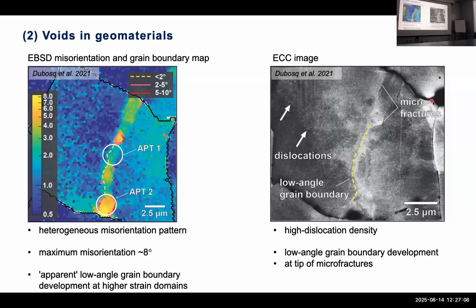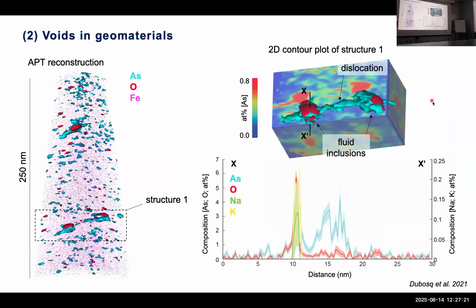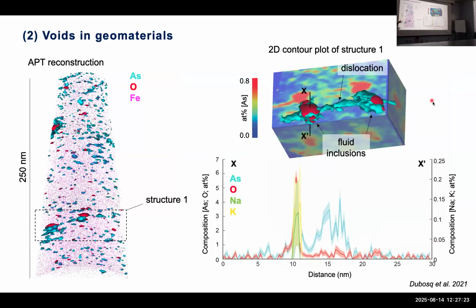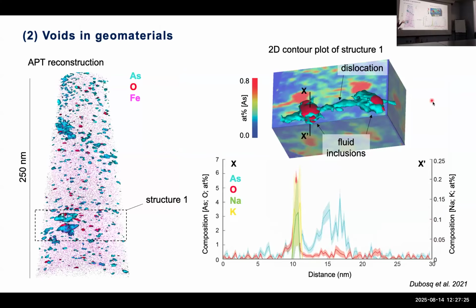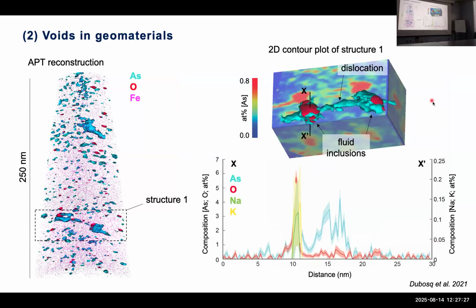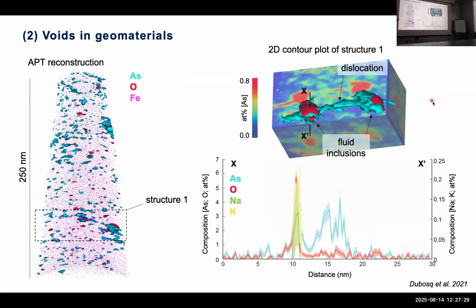So for this specific case study, we also prepared atom probe tomography specimens along one of these subgrain boundaries that propagated from a microfracture. So this is the 3D reconstruction of one of the specimens that we prepared. It's a bit more complex than the last reconstruction I showed you.